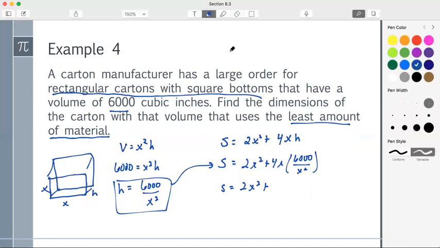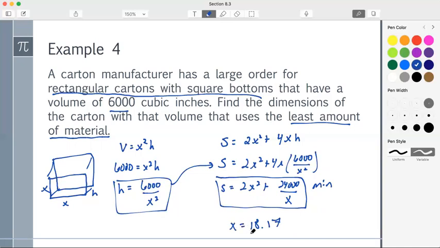And when I simplify, I get s equals 2x squared plus 24,000 over x. Now I'm going to plug this into the calculator and find the minimum of this function. When I do that, I get about 18.17 for x. Okay, and that's how you solve that problem.